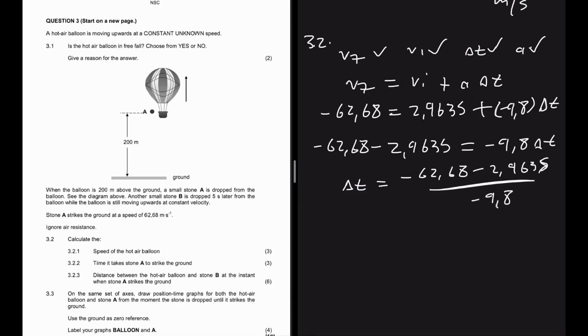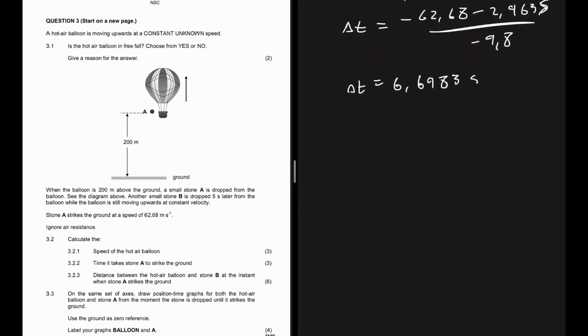And then if I put that on my calculator, I get delta T equals 6.69836 seconds, right?